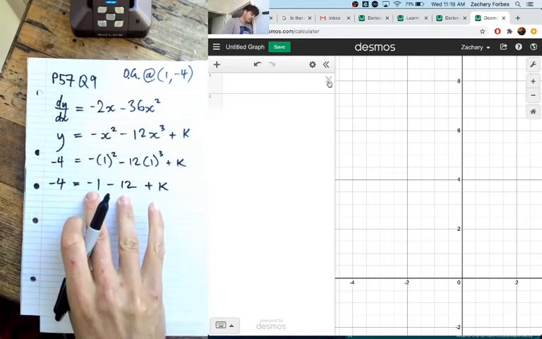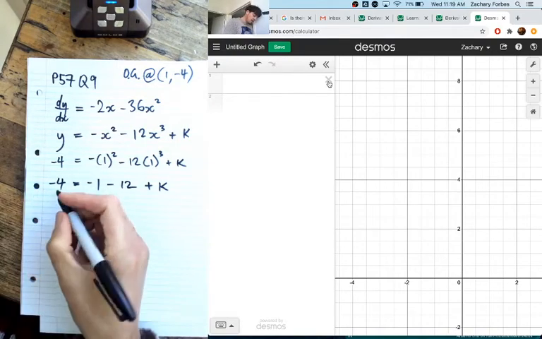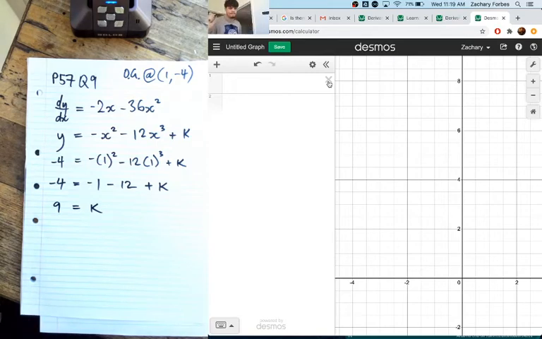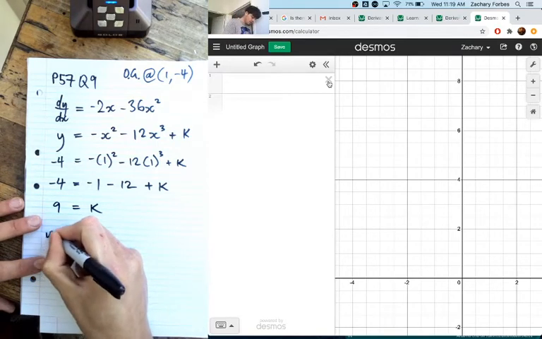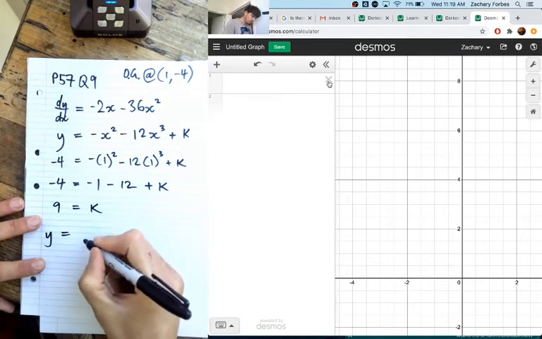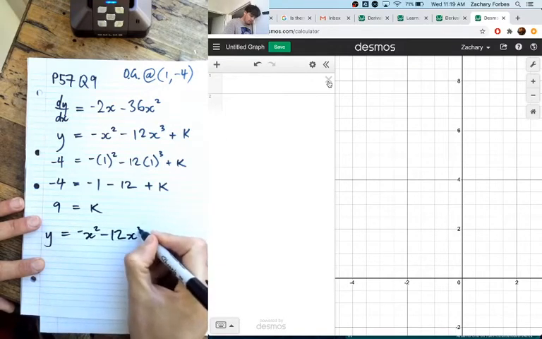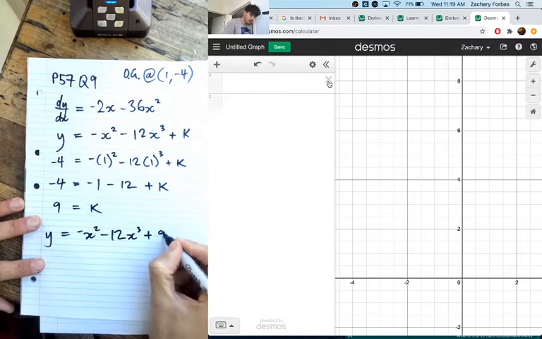So that makes -13. Chuck that over here, that becomes a positive 9. 9 equals k. So therefore our function is y equals -x squared minus 12x cubed plus 9.